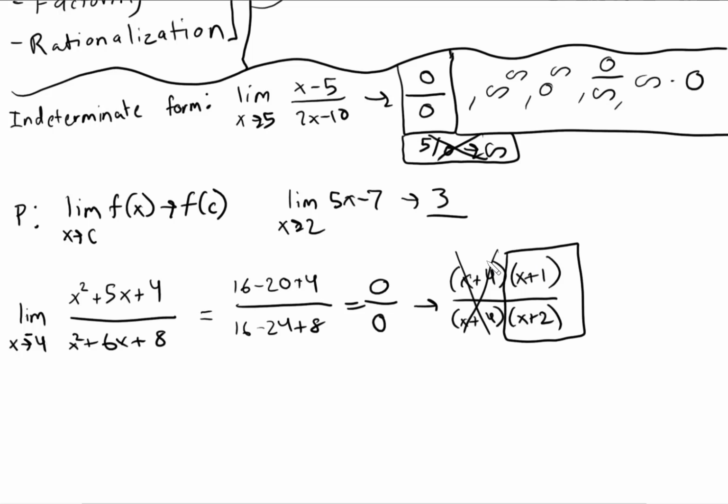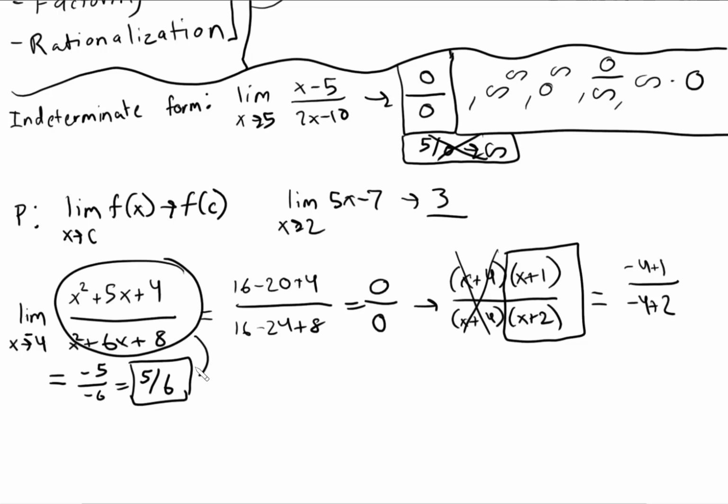Notice that when you plug in negative 4 here, you don't get an indeterminate form. You're going to get negative 4 plus 1 divided by negative 4 plus 2, which has a numerical answer: negative 5 over negative 6, or just 5/6. So that is going to be the answer to your limit. More specifically, the limit as x approaches negative 4 of this function is going to be equal to 5/6. Once again, keep in mind you have to list out that the function is indeterminate at that value.